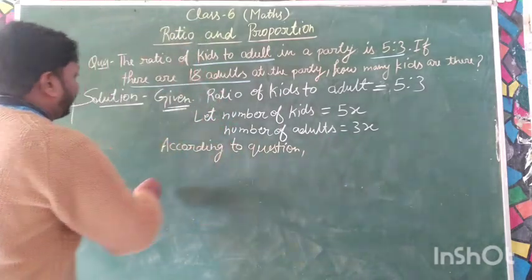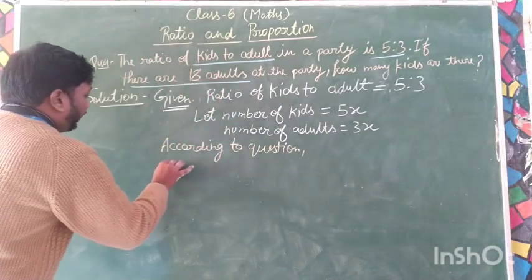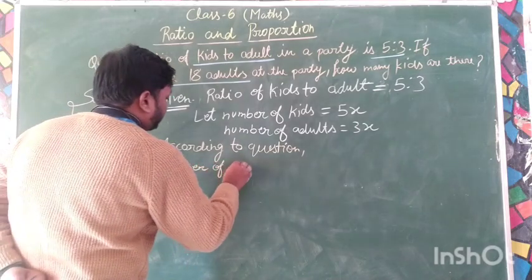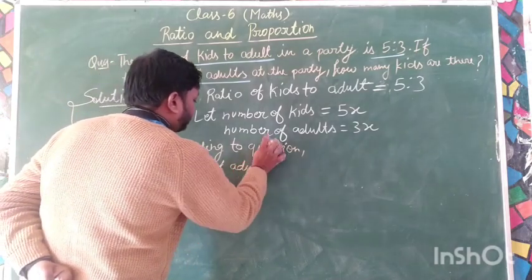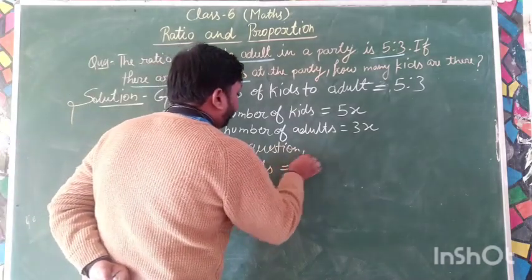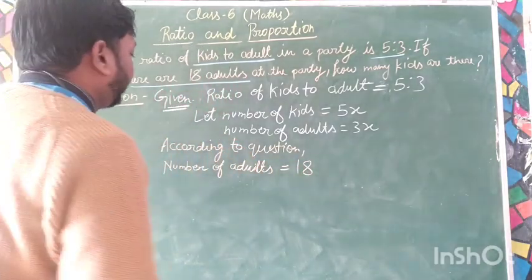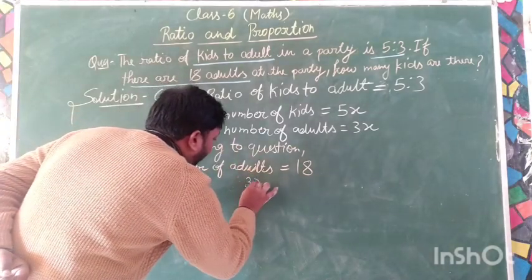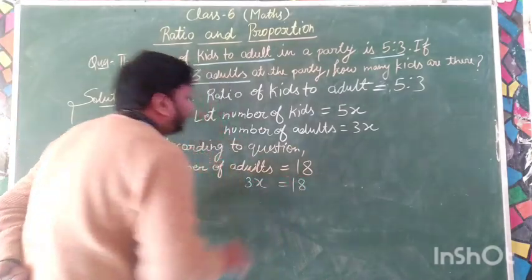So here we write the number of adults is equal to 18, but we have assumed that the number of adults is 3x, so here we write 3x which is equal to 18.